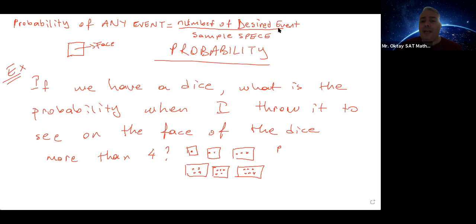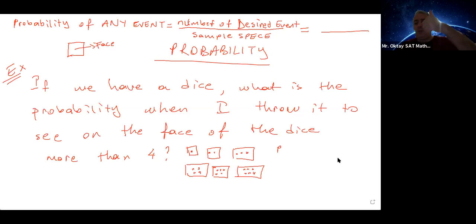Let's talk about what sample space means. Sample space means how many alternatives you have in this experiment. When you throw a dice and check the face, how many different cases are possible? All the cases.